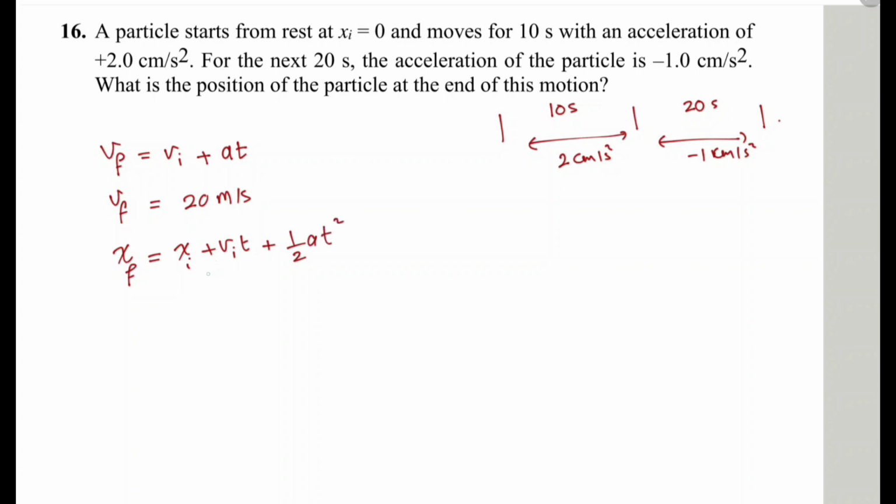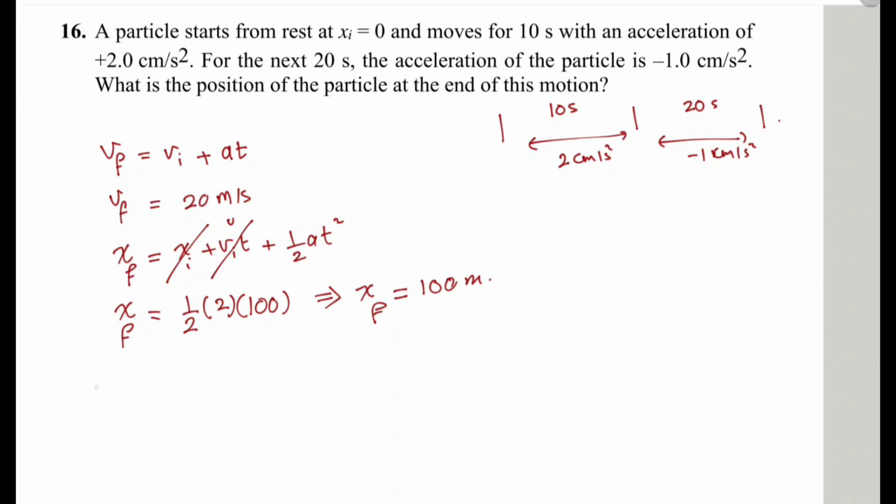The object starts from the origin, X equal to 0, and starts from rest, so V initial is 0 as well. So X final equal to half 2 times the time interval, 10 seconds square, which is 100. So X final for the first part of the question is 100 meters.